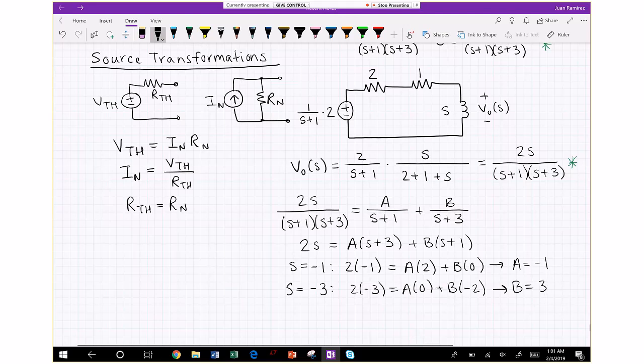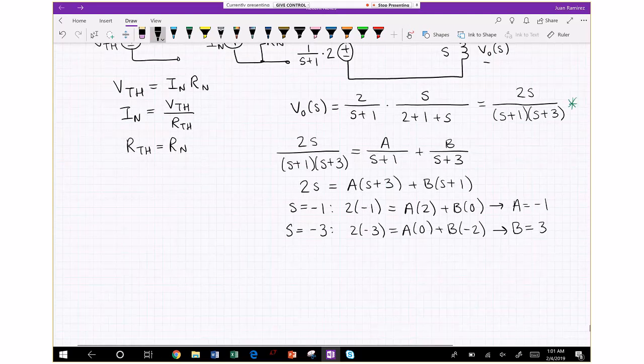Alright, and now that we've found those coefficients, we know that V out in the S domain is equal to negative 1 over S plus 1 plus 3 over S plus 3. Negative 1 being A, 3 being B, and then they're obviously over their respective factors.